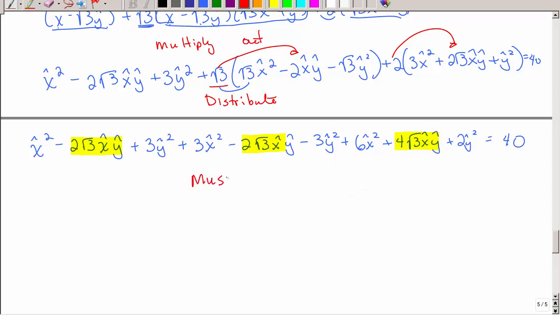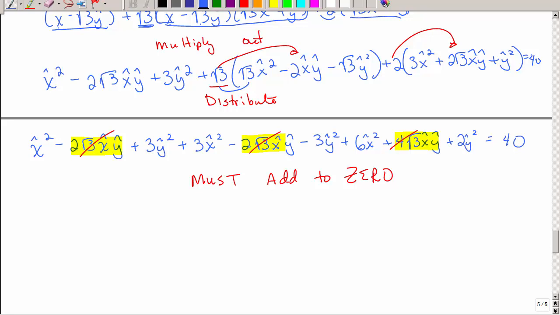These must add to 0, because if they don't, you've made a mistake and you just need to go find your mistake and sometimes just start over. So those, I have negative 2, and positive 4 of them. Those add to 0. That's a good thing.